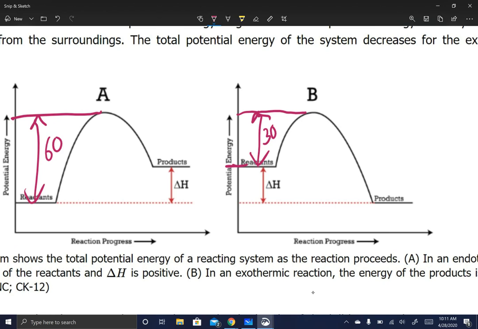So this reactant would get to the top of peak B faster than the reactants would get to the top of peak A. Why? Shorter distance, right? Imagine you clone yourself and you race yourself up the top. One's here, and you start at the same time. The one in peak B is going to get to the top first. It's a shorter distance, so this reaction would actually happen faster, because less energy is needed to start that reaction.